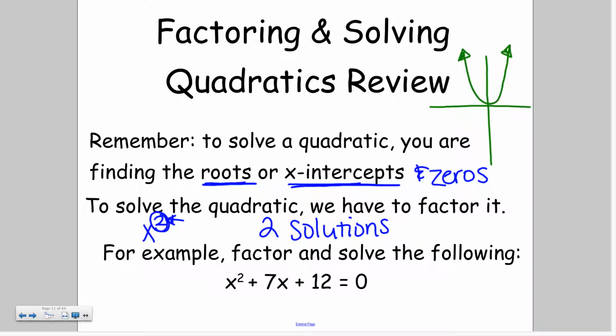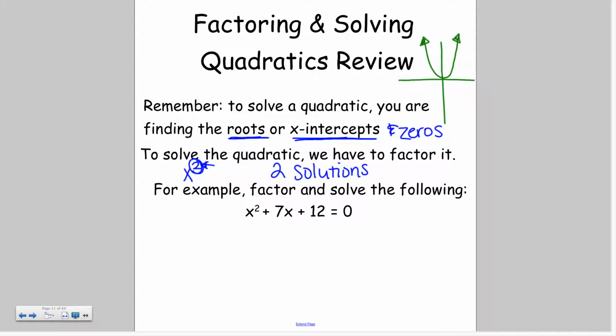Now, we're going to go ahead and factor x squared plus 7x plus 12, which is equal to 0. All right? I don't know if you remember, but one of the best ways to do this is to factor using the x method. In order to do that, we have a number here and a number here. When we add those two numbers together, we will get the number that is on top.